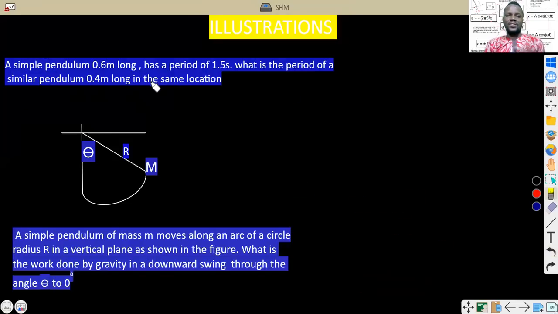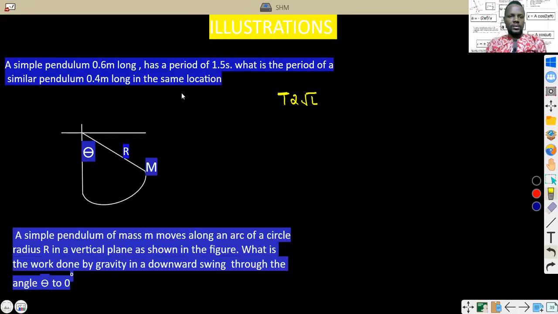The next one says a simple pendulum 0.6 meter long has a period of 1.5 seconds. What is the period of a similar pendulum 0.4 meter long in the same location? If it is in the same location, we say the period of the simple pendulum is proportional to the square root of length.